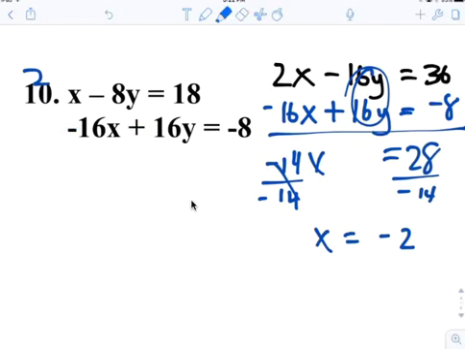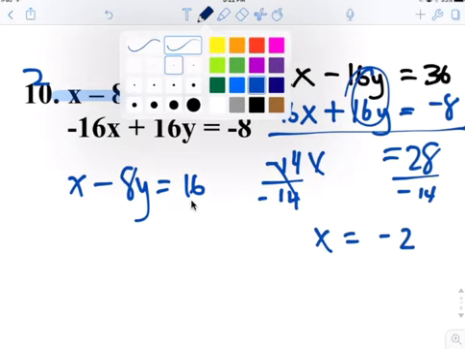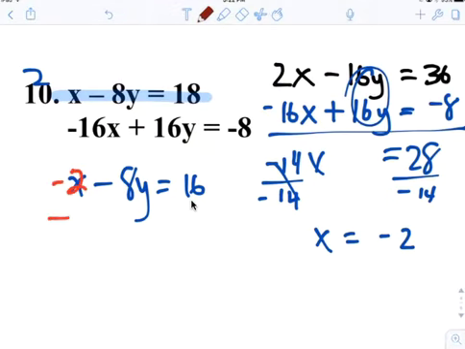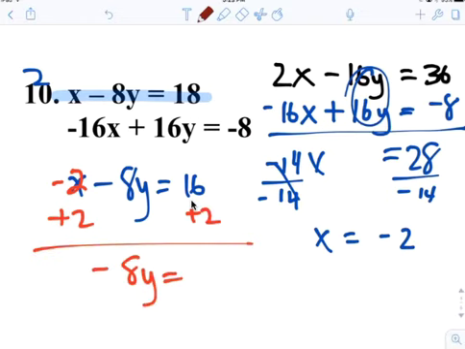Okay, so if x is -2, let's see which one to choose. I'll choose the top one. X is -2, x minus 8y equals 16. X is -2, where x is I'm going to add 2. So -8y equals 18. Right? Oh, no, I copied wrong. This is 18 right here. -20.